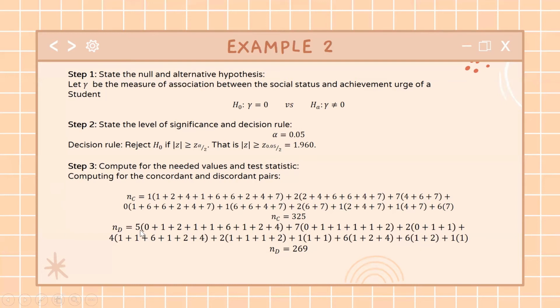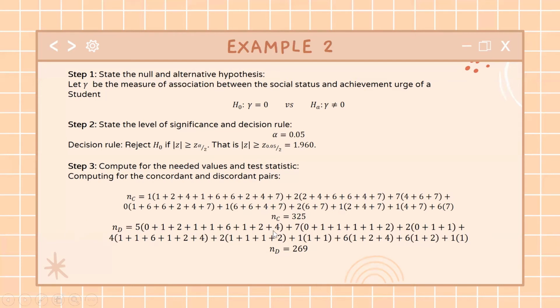And then for the discordant pairs, likewise, the digit outside of the parenthesis is the individual frequency found in the table. And then the ones inside are the frequencies that are below and to the left of that frequency.